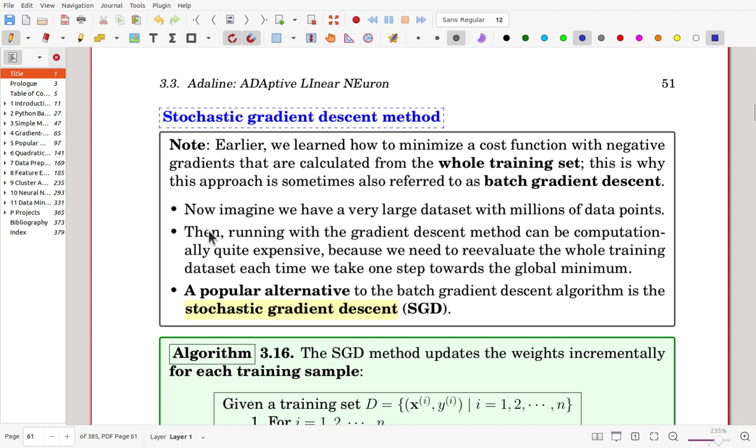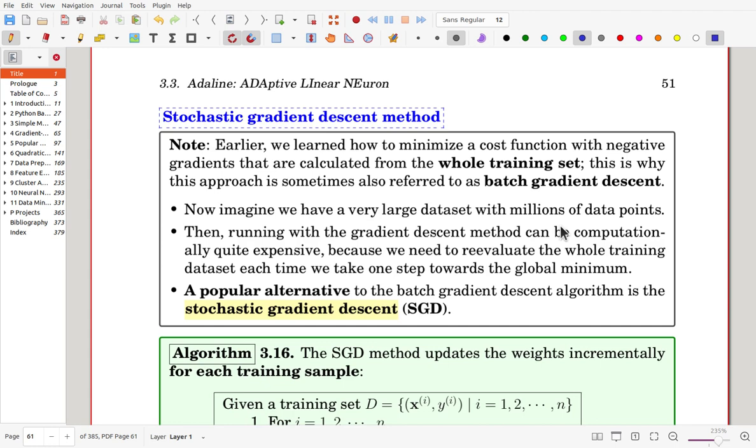But now let's imagine we have a very large data set with millions of data points. Then running gradient descent can be very expensive because we need to reevaluate the whole training data set each time, so the algorithm may not be desirable when the data set is very large.